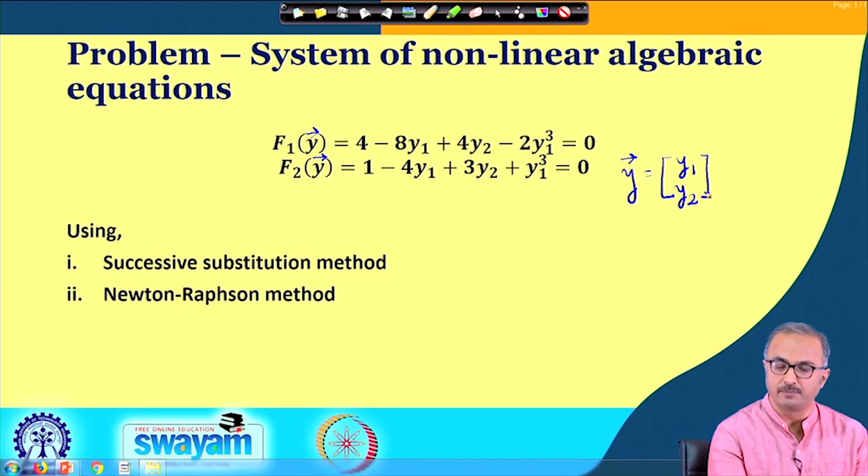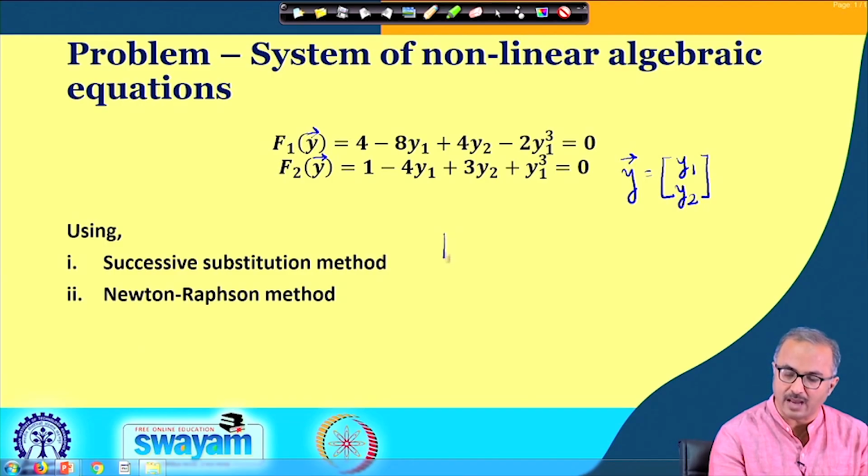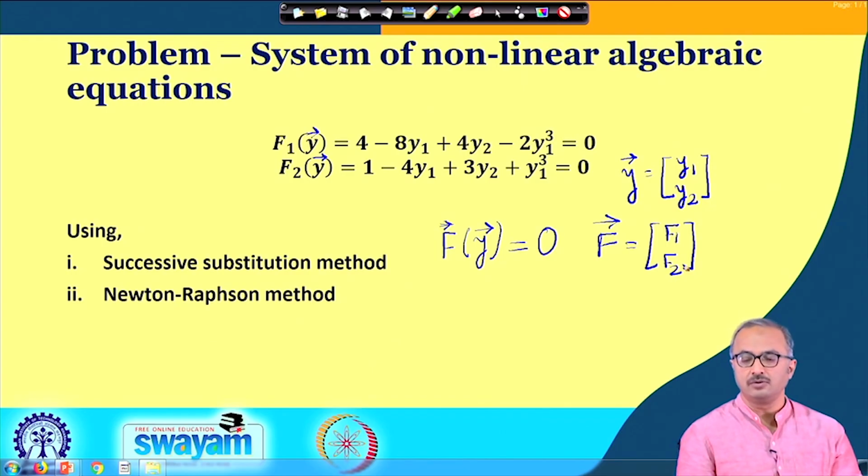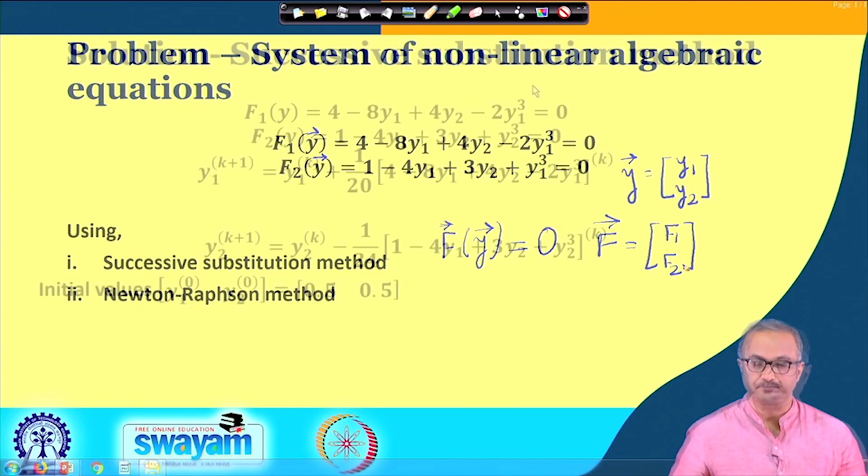If we put these two equations together, it will be another vector f, which is a function of the y vector, and we are trying to solve it to be 0, where f is equal to the vector of f1 and f2. That is how we look at this particular problem.